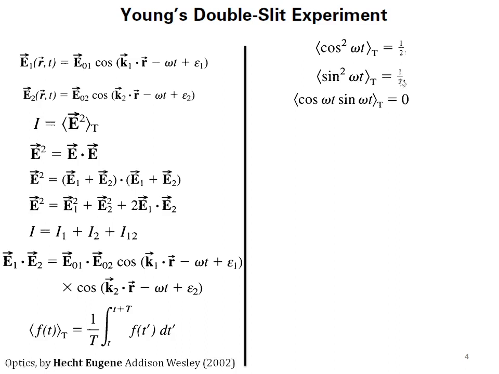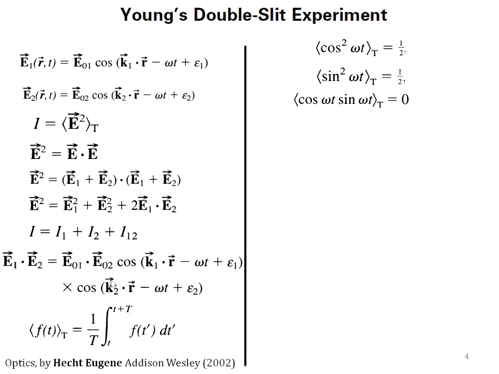Similarly, the sine square function over a time period is equal to half again, and for cos omega t sine omega t, the time average comes out to be equal to 0. So you can go back to your previous classes' notes and have a quick revision of this.